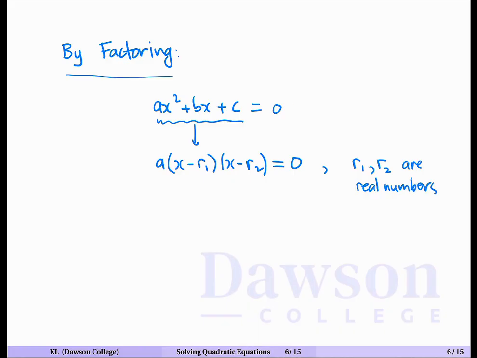Here we are assuming that b squared minus 4ac is greater than or equal to 0. If it is equal to 0, r1 and r2 will be the same. If it is strictly greater than 0, then r1 and r2 will be different.